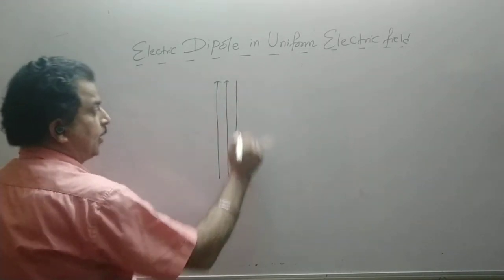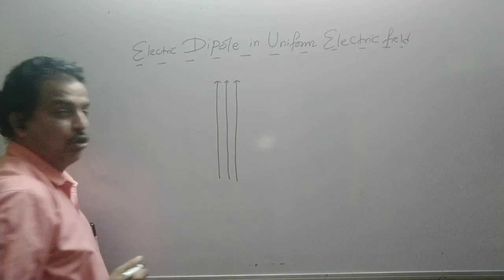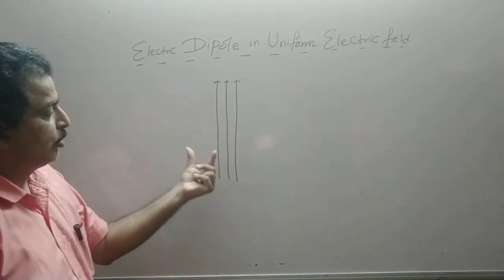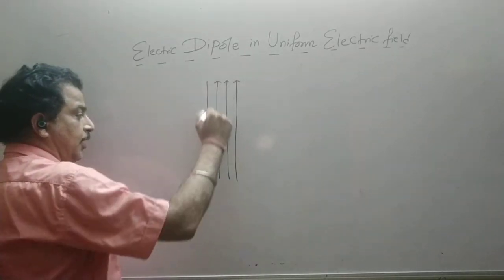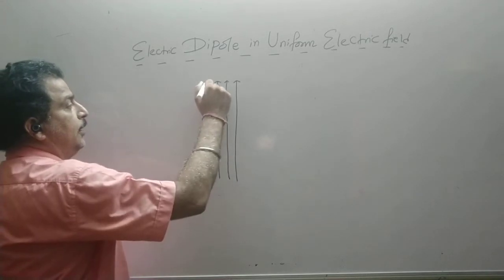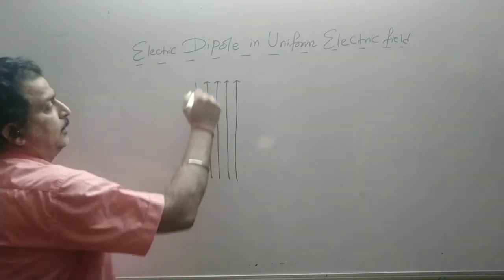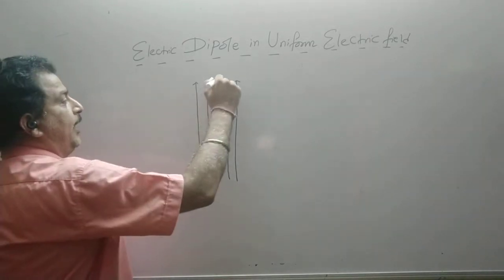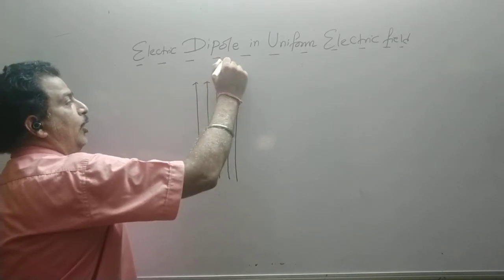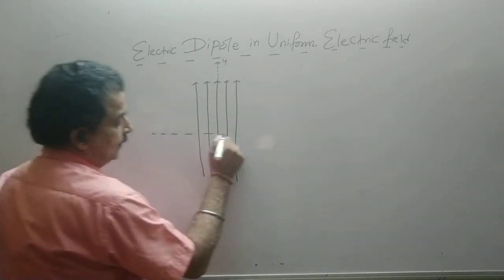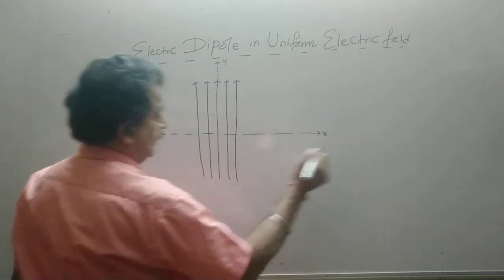So external electric field is uniform, so the lines are drawn parallel to each other and equidistant. So this is a uniform electric field along the y-axis, this is our x-axis.